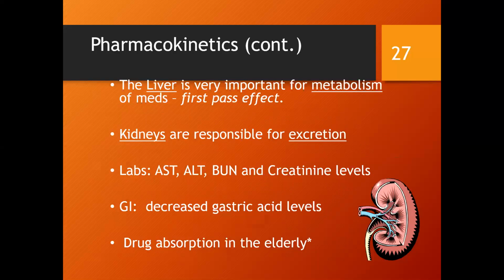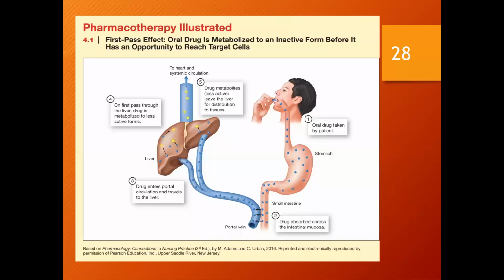Not everything works. Knowing that, we may need to decrease the doses or lengthen the amount of time in between each dose given, so that we give their body that extra time to metabolize and excrete those medications, so that we don't make them toxic or have a toxic level.